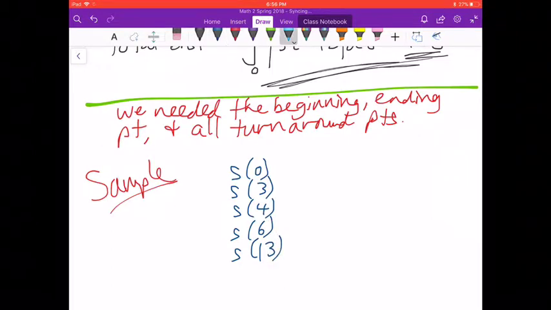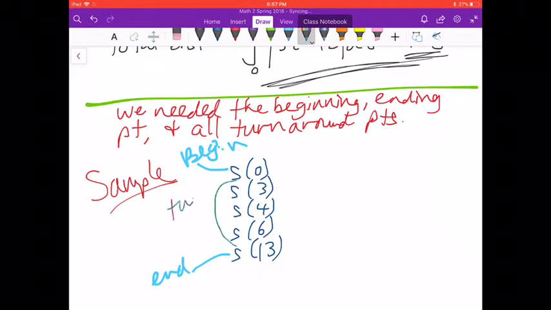Let's say this s of 0, that's the beginning, and this over here is the ending, and all of these guys here in the middle, ooh, that's pretty, these are the turnaround points. We'll just call them turnarounds. That's where the velocity was equal to 0.